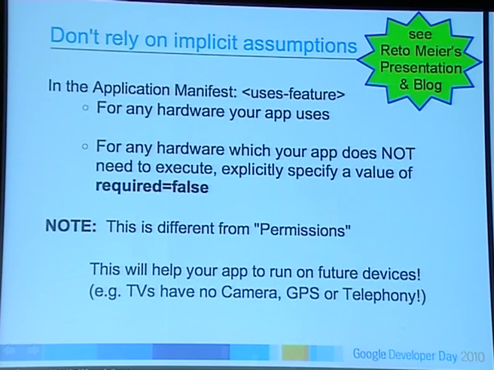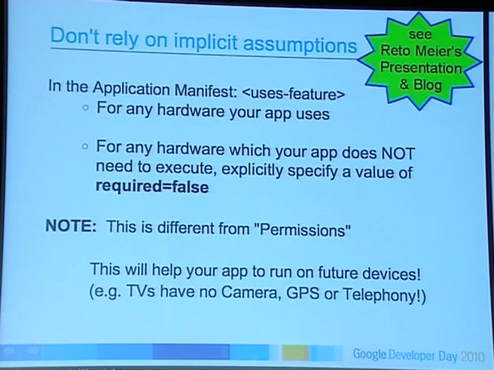So what does that mean? That means that when you in your application use hardware features or use sensors or any of the other things, I'll give you a list in a second, make sure you either define that you really, really need this if your application cannot run without it. It would not make a lot of sense to have, say, a photo sharing app which doesn't have access to the camera.